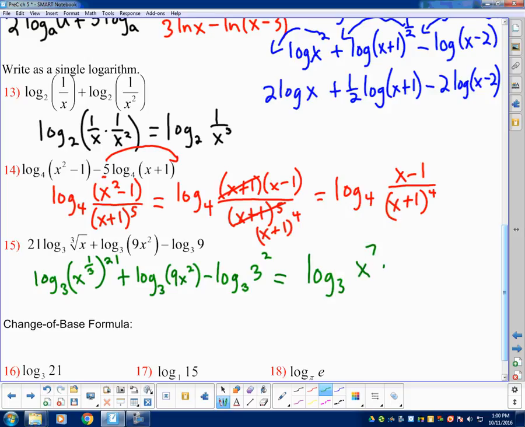Times 9x squared all over, so as we move from left to right here, all over 3 squared, or I actually could have kept it 9. It might be better to keep it 9. Or write it 3 squared, because I do have some canceling that happens here. Do you see it? And so we end up with log base 3 of x to the 9th as a single logarithm.